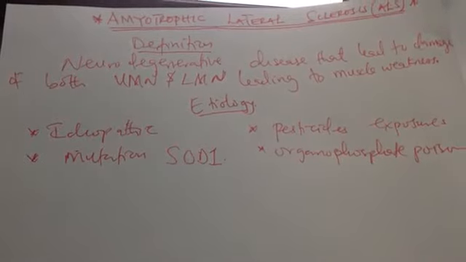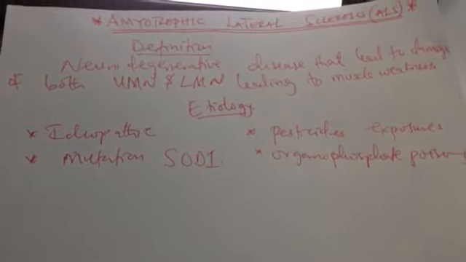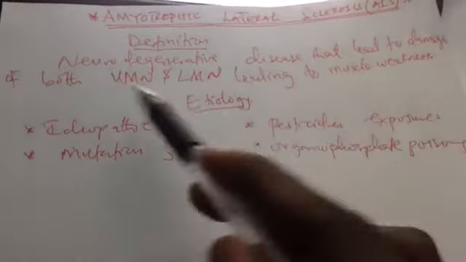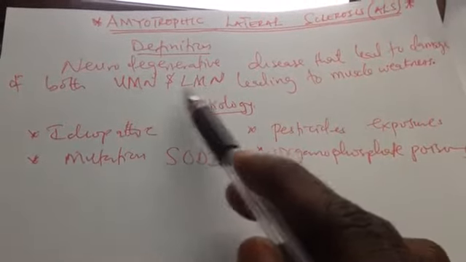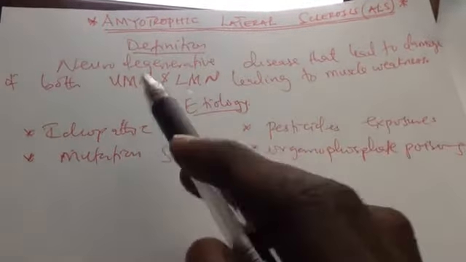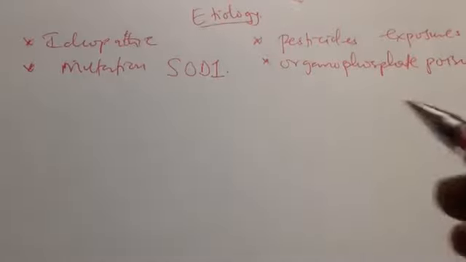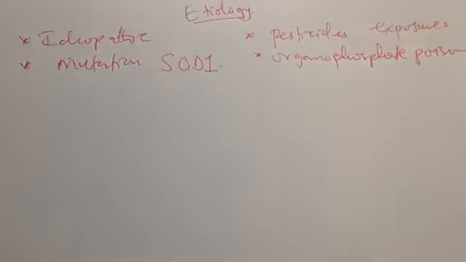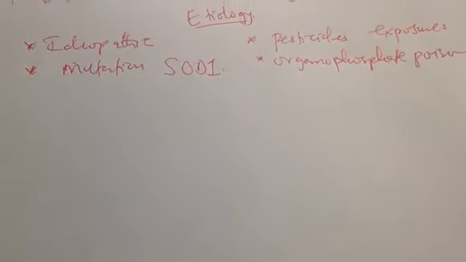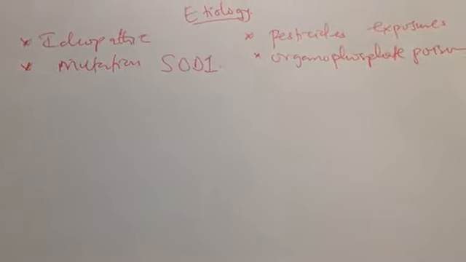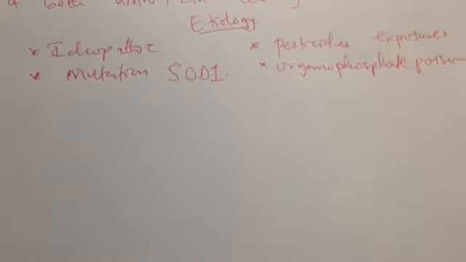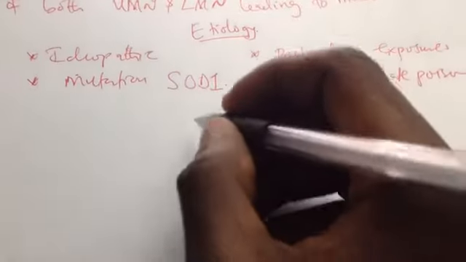Now let us see the symptoms. Because we said that both upper motor neurons and lower motor neurons are affected, the symptoms generally are going to be weakness of the muscles that are innervated by the particular nerves that get damaged.